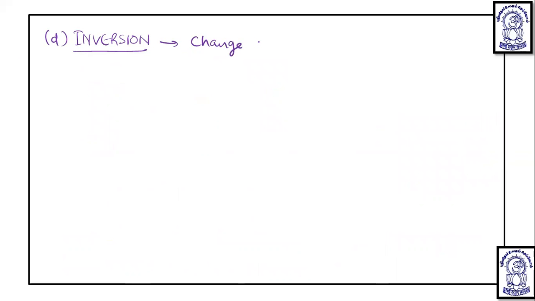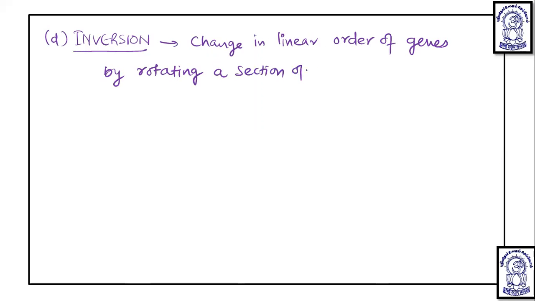There is a change in the linear order of genes by rotating a section of a chromosome at 180 degrees, not Celsius, 180 degree.